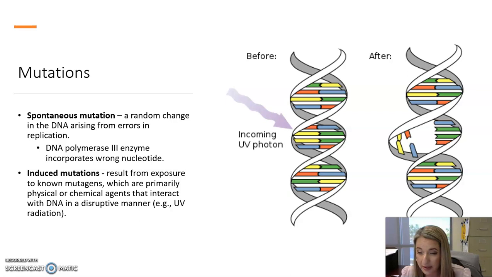It can either mutate extensively, which can lead to cell death, or it could mutate and change characteristics of the cell, potentially even making it stronger and more advantageous for the bacteria. So induced mutations are a result of exposure to mutagens, whereas spontaneous mutations just occur naturally due to errors in the replication process with DNA polymerase III.